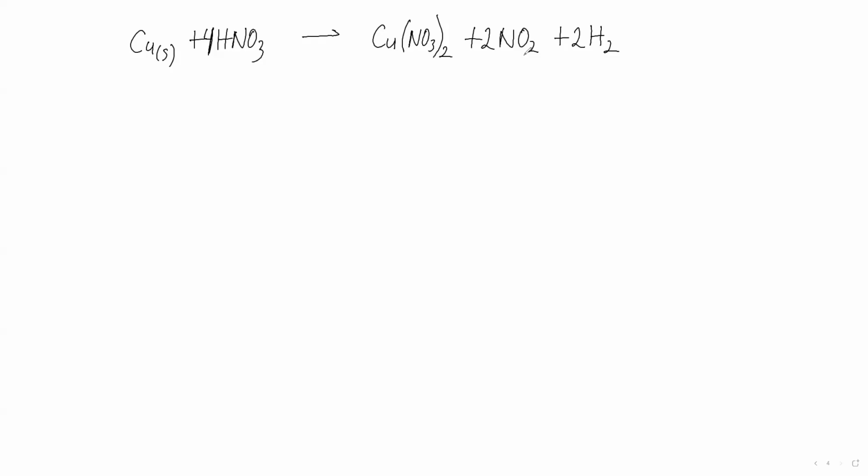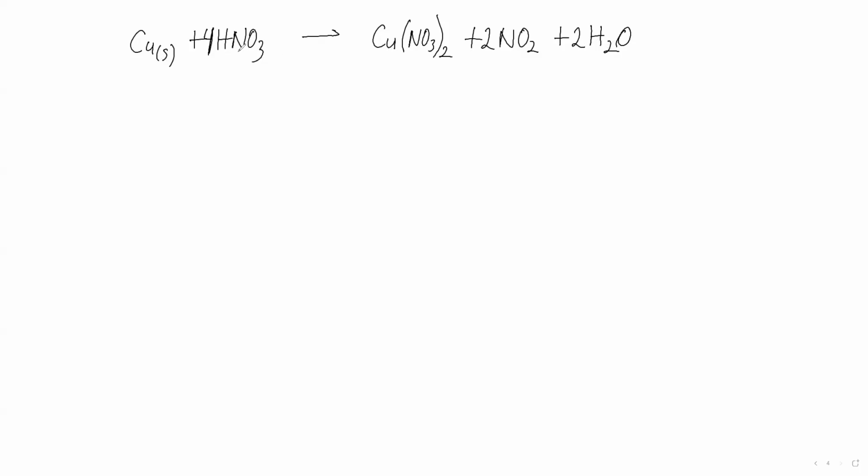So okay, there's no way to get this to work. This must be 2H2O. There, that's what it is. It's 2H2O. That's the reaction. And this will balance. The copper, there's 1 copper, 4 hydrogens. 2 times 2 is 4 hydrogens here.